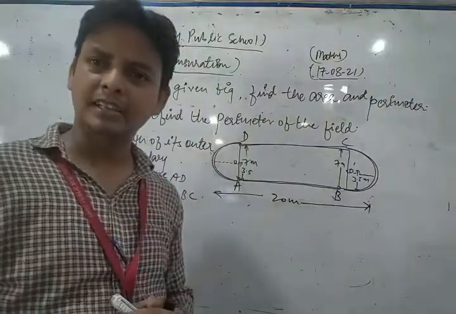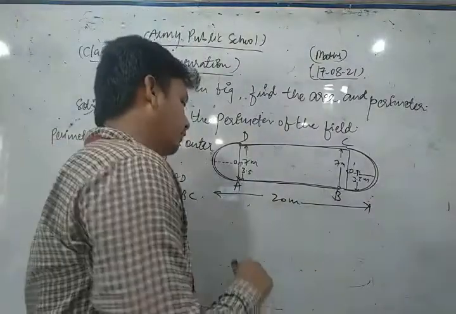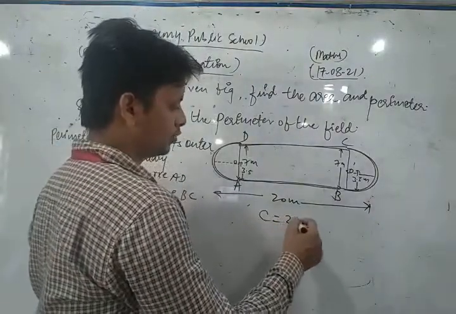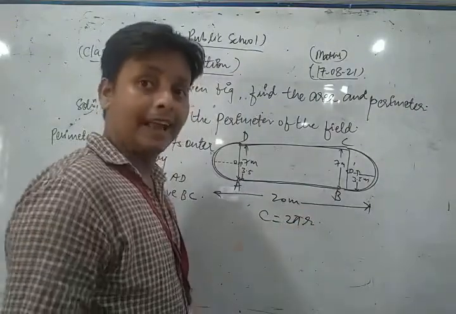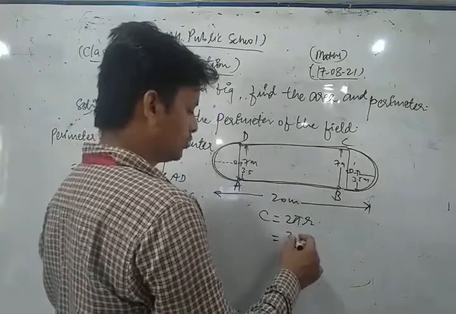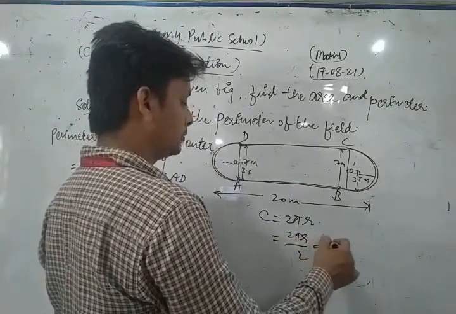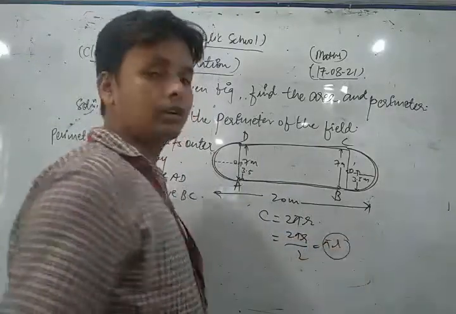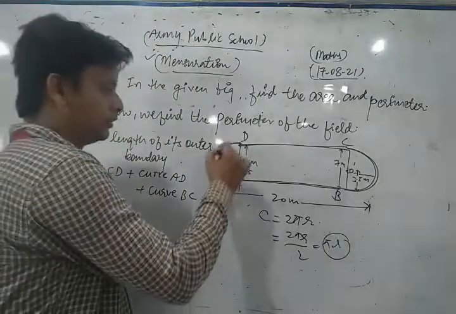This is the semicircle, and you know that the circumference of a circle is what? 2 pi r, and the circumference of a semicircle is what? On a curved path, this is 2 pi r upon 2, that is pi r. This is the curved part. This is the length of the curve.